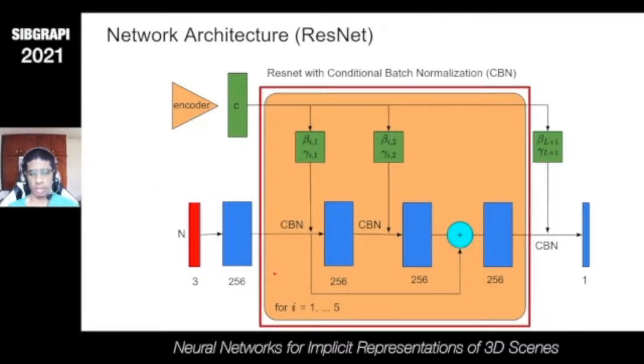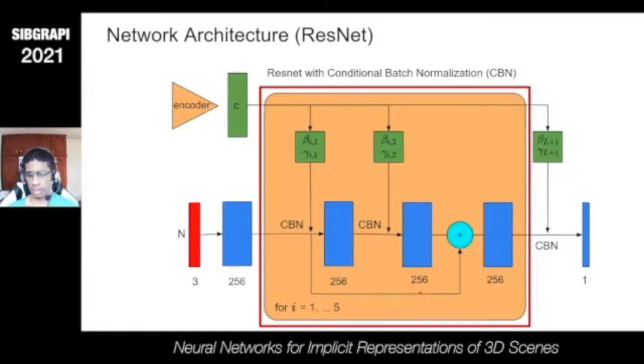Then we have the main part, which is a loop that uses ResNet with conditional batch normalization. This loop runs from 1 to 5, so 5 iterations of this loop.